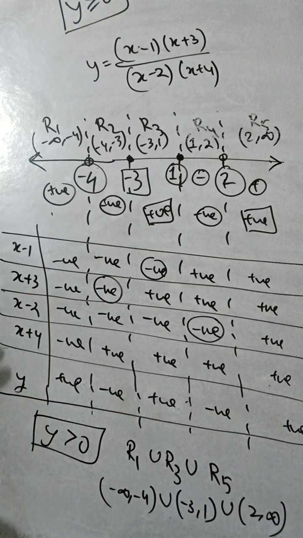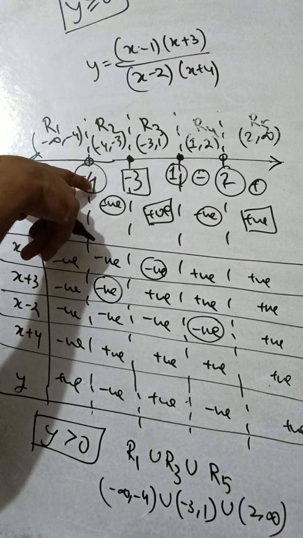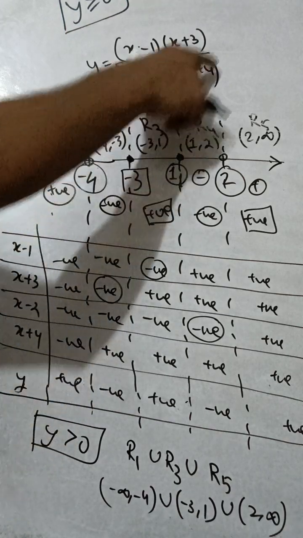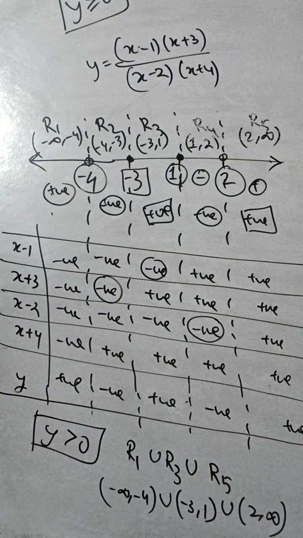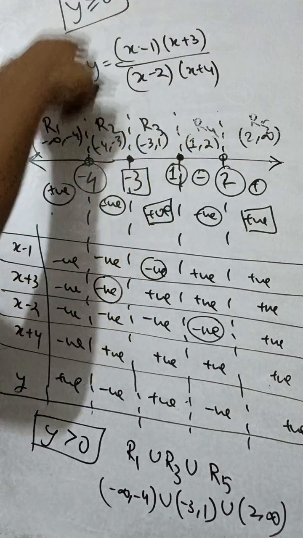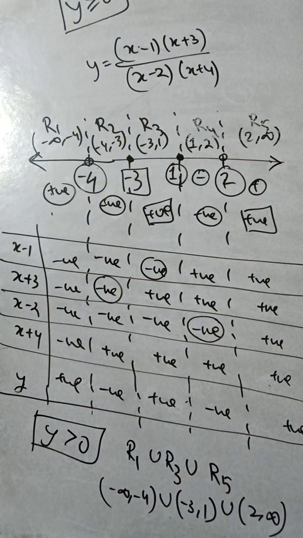Why is that so? Because if x is minus 4, this entire expression becomes undefined. If we take plus 2, this entire expression becomes undefined. So we are not going to include those critical points which come from the factors in the denominator of our expression.